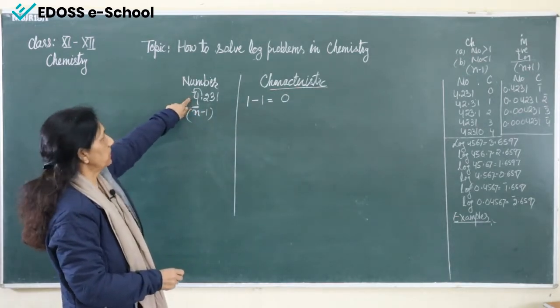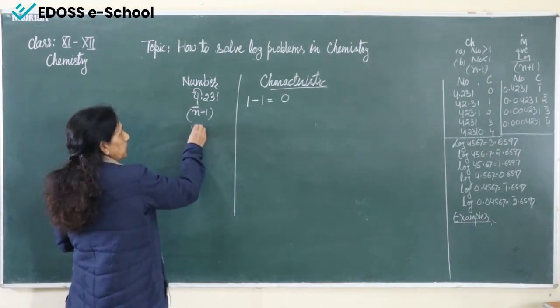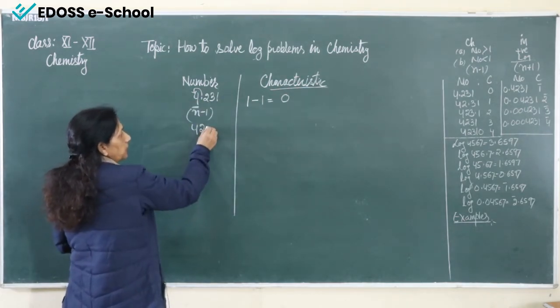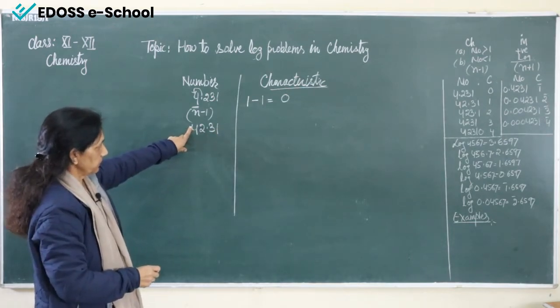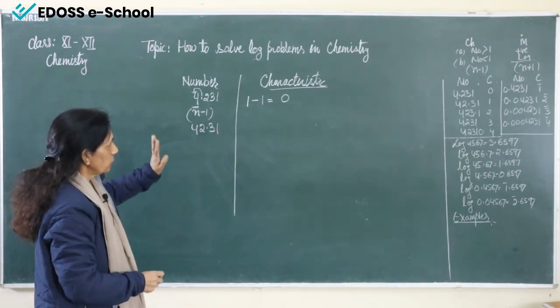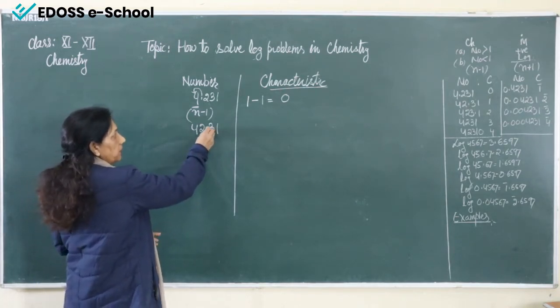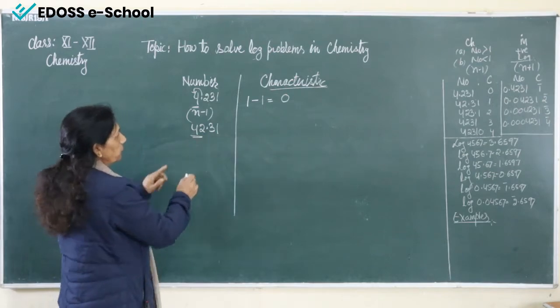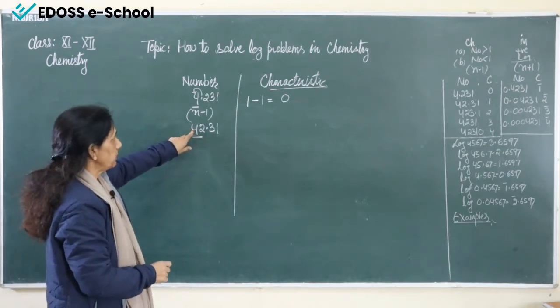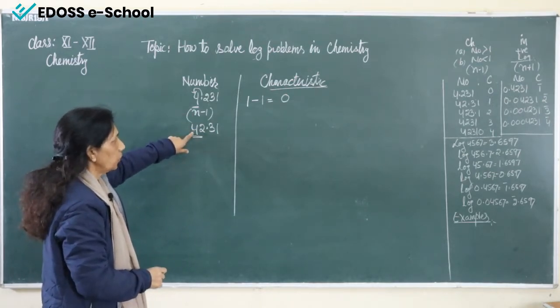Now if the same number, if the decimal shifts here, it is 42.31. Now the number is this. Okay, so same rule we will apply. Now before decimal, the number of significant figures are 2. That means n is 2.